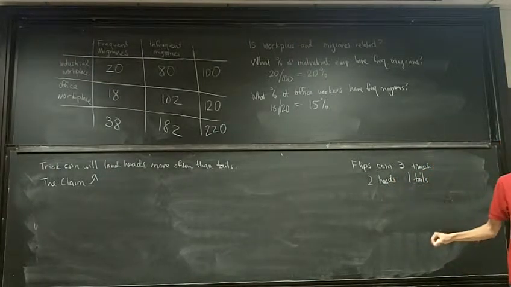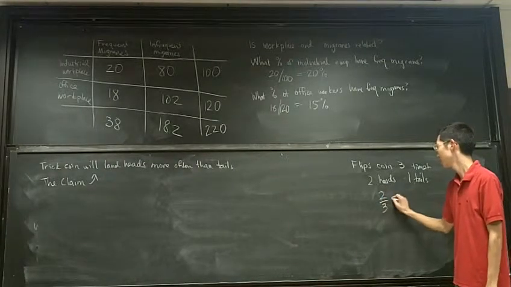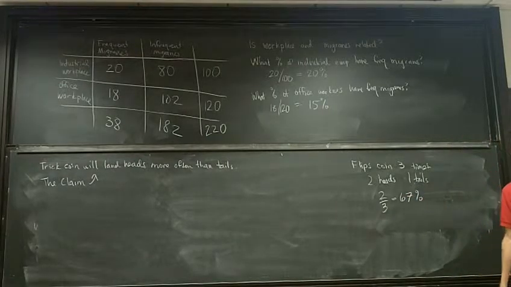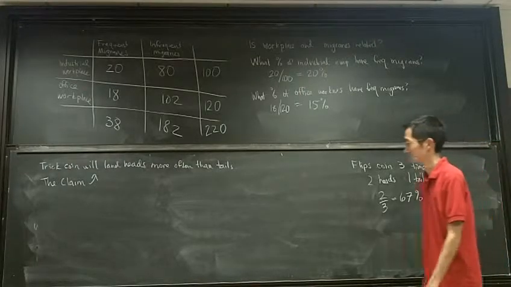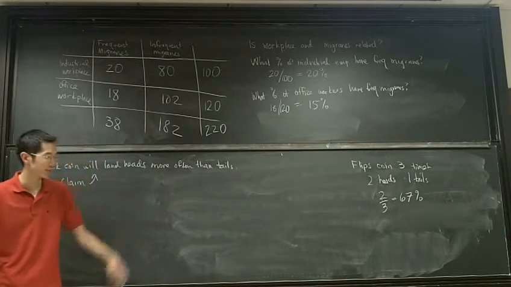So he goes, 2 out of 3 is 67%. There's your proof that my coin truly is a trick coin. Do you buy that? No. No, nobody buys that. You're just like, you're stupid.